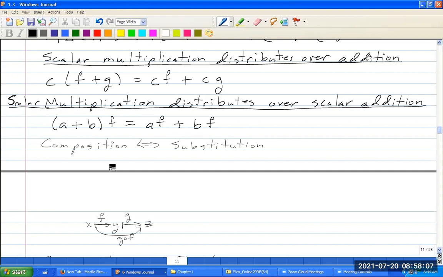So if I do substitution and I use functional notation, we call that operation composition. So suppose I have here some function f that maps the point X to the point.